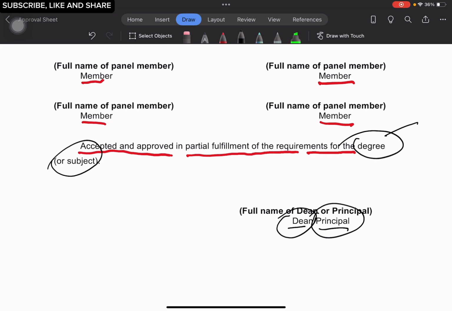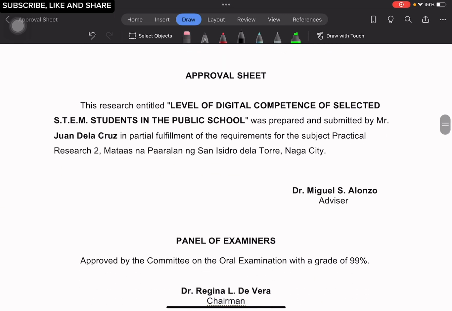Again, we are now going to the example that I will be presenting so that you can visualize what I was presenting to you earlier on. The first sample that we have is for a research paper that is conducted in the senior high school level.